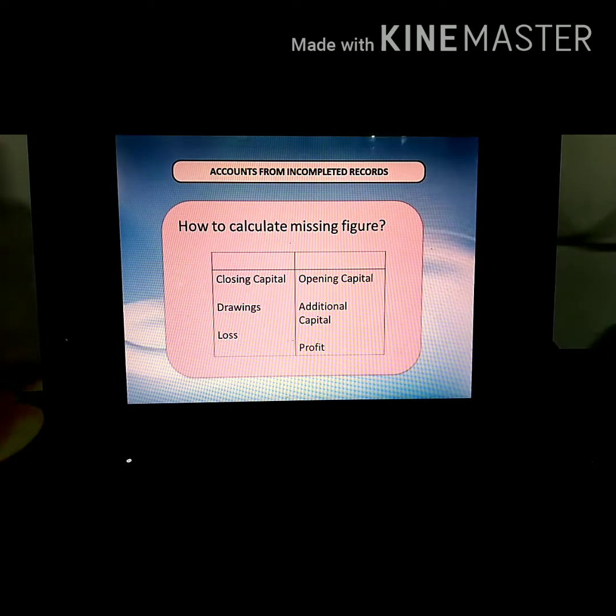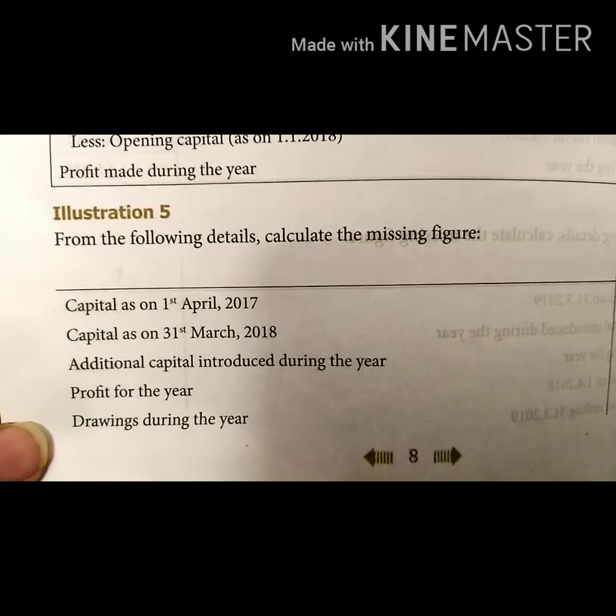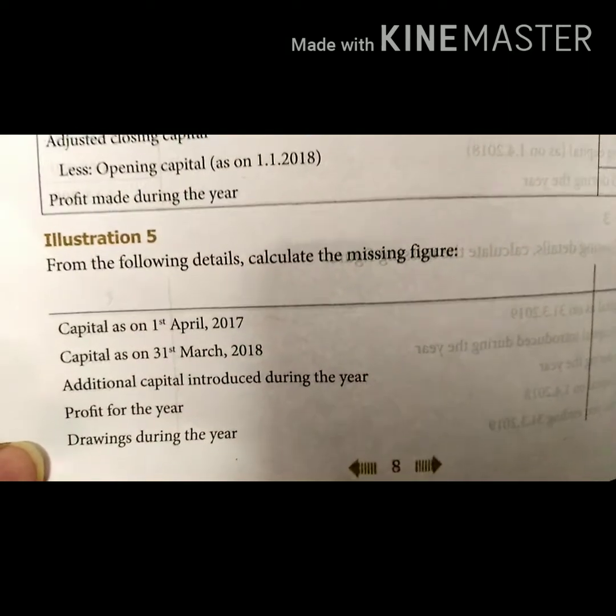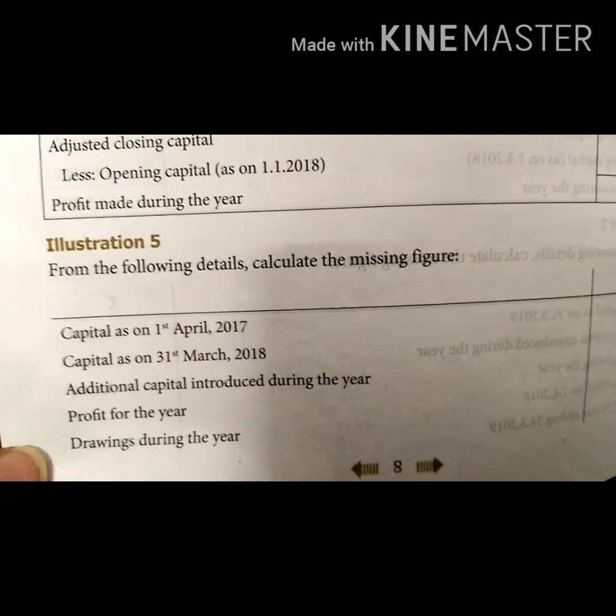Now if you do a problem, you can easily understand how to calculate the missing figure. Illustration 5: from the following details calculate the missing figure.